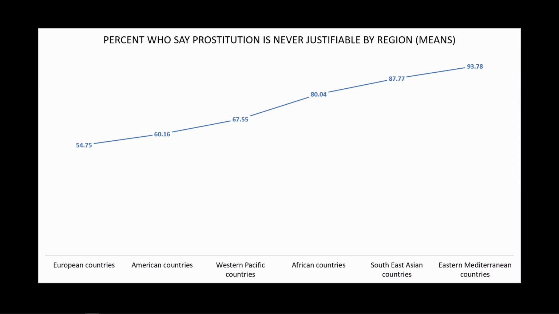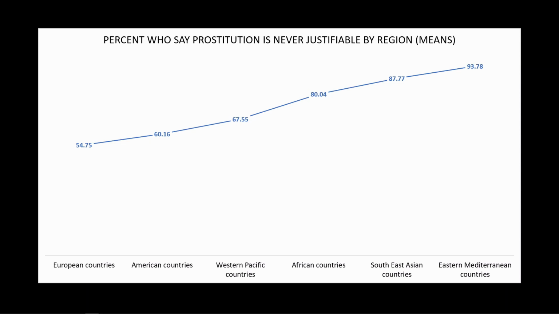I could easily put these in any order. So be cautious about reading a direction of effect into this. And yet it might be helpful to an audience to see those countries that tend to have a lower percent saying it's never justifiable through to those countries with a higher percent. It might be useful to put them in this order, but be cautious to not misunderstand what it shows us.